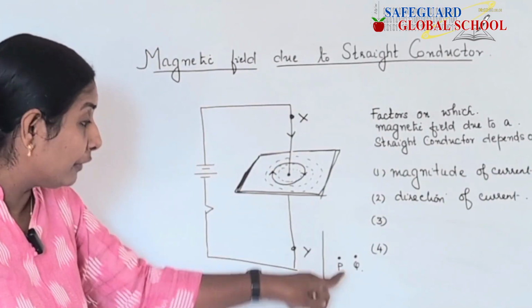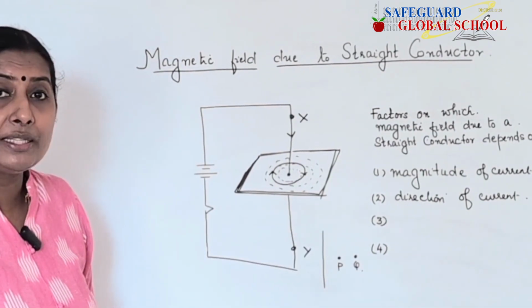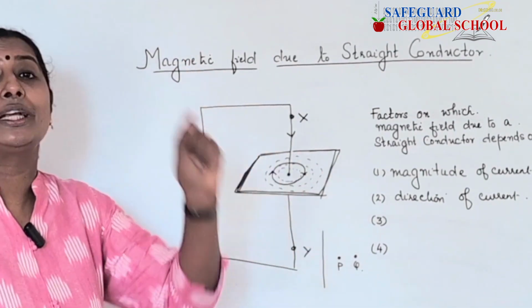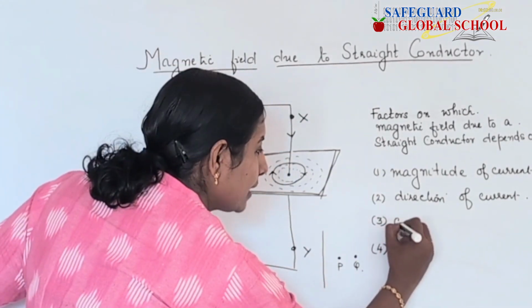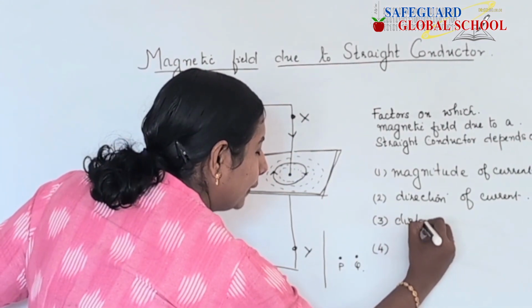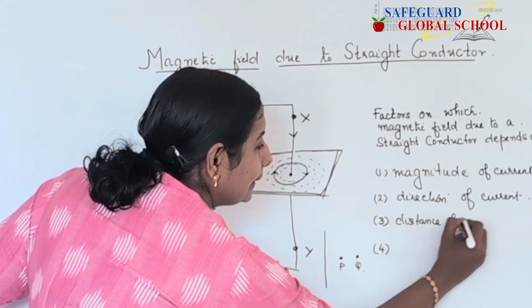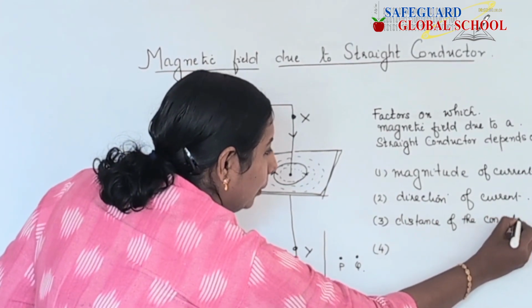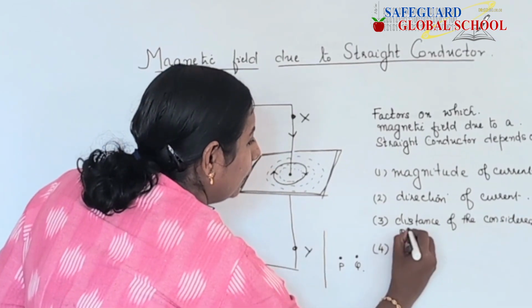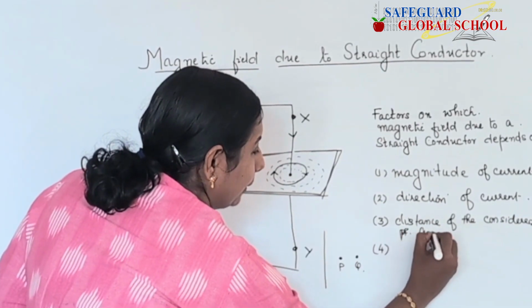So the third factor is the distance of the considered point from the conductor.